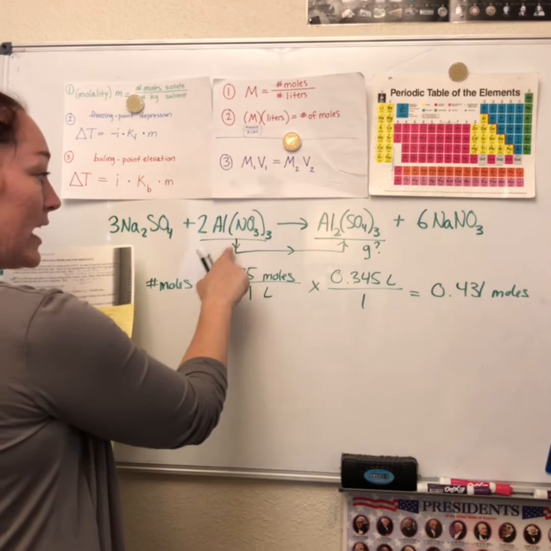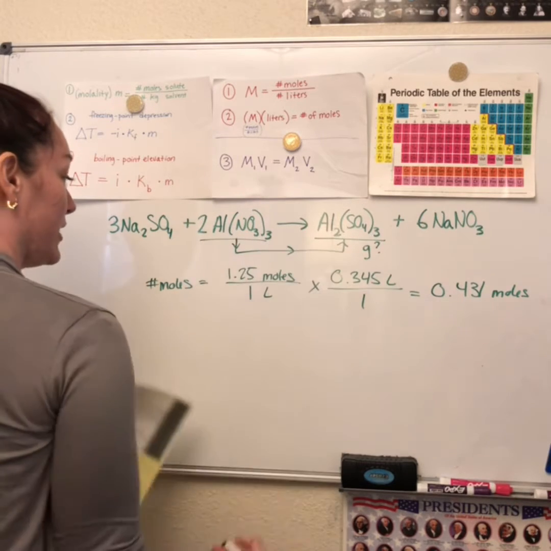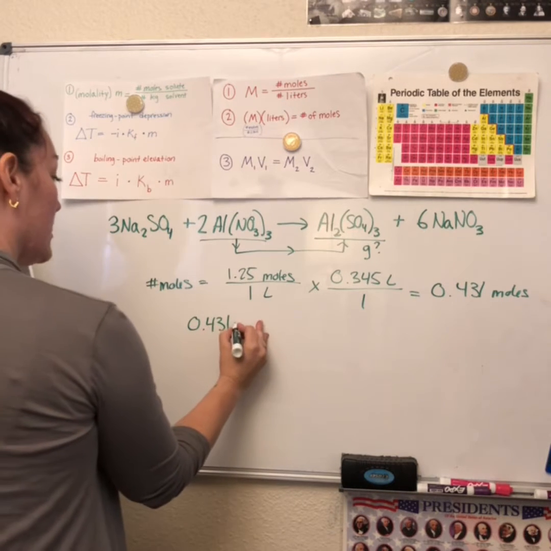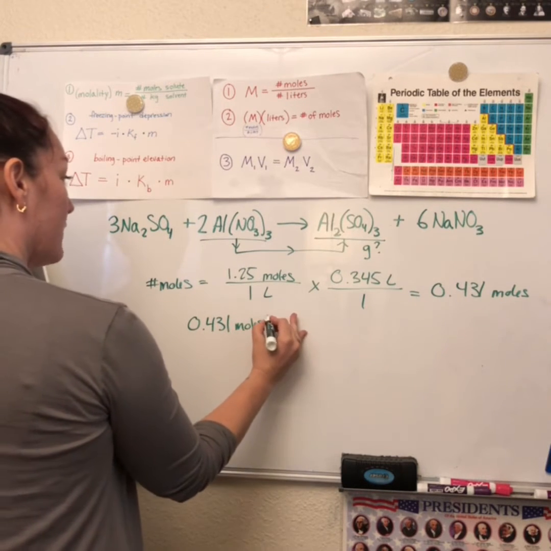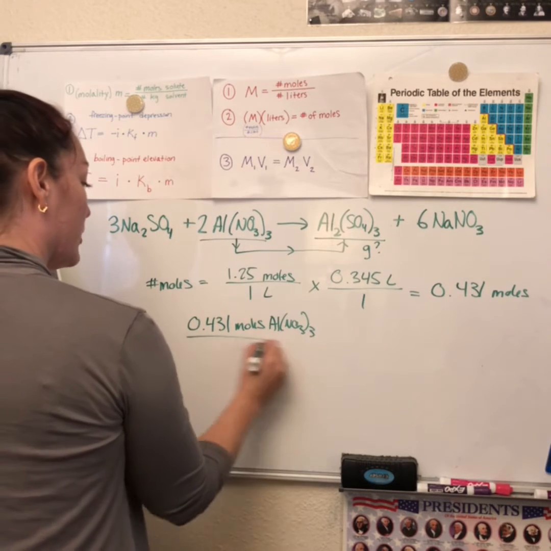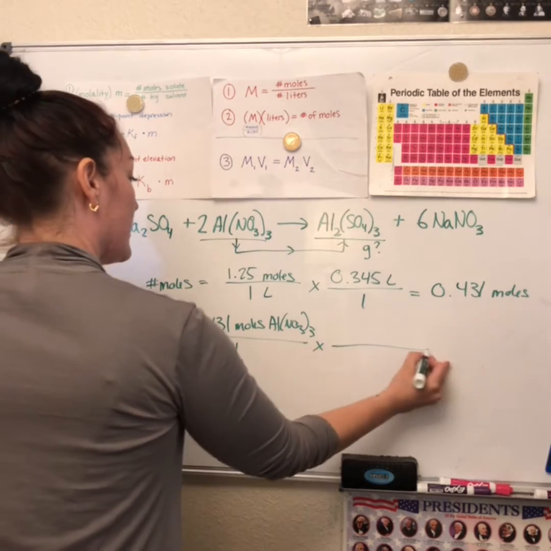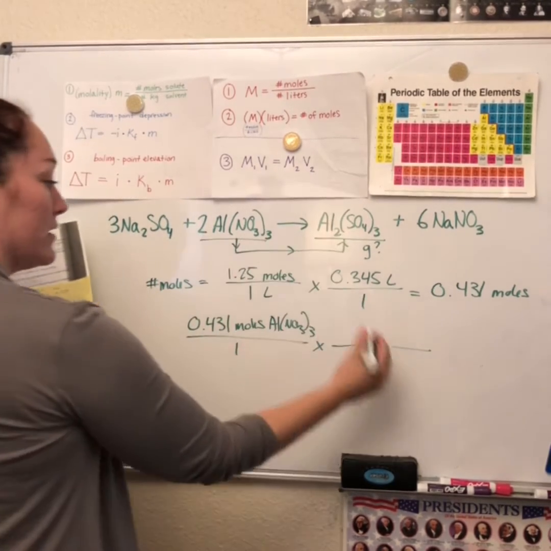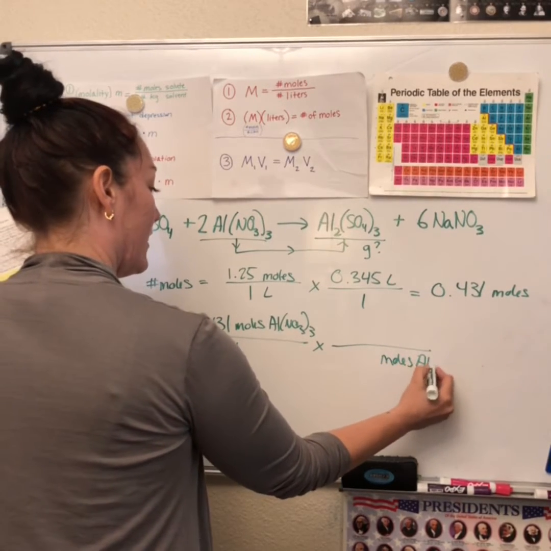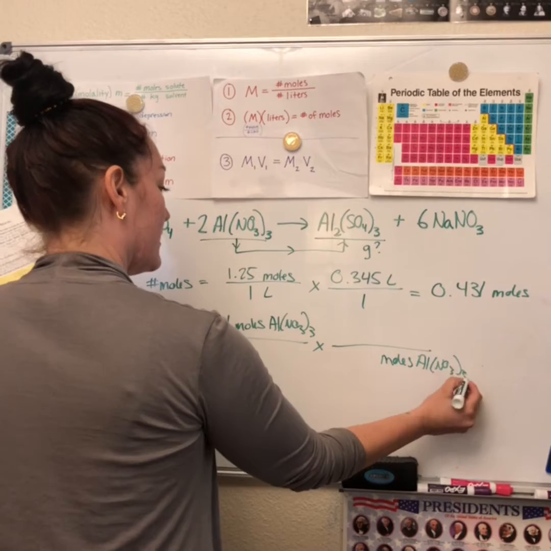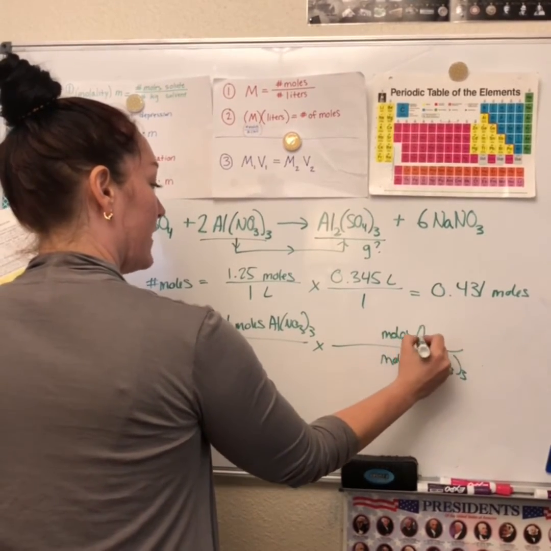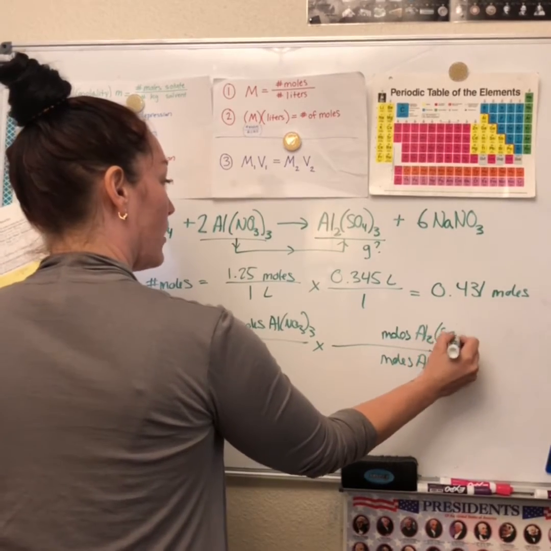Now I've got moles of this, I can go to moles of this. So this is where our stoichiometry is going to enter. So let's start here. 0.431 moles of AlNO3, put it over 1. And we're going to take moles and we're going to use our coefficients. So I have moles of this guy, AlNO3, and I want to get to moles of this guy, moles of Al2SO4, 3.